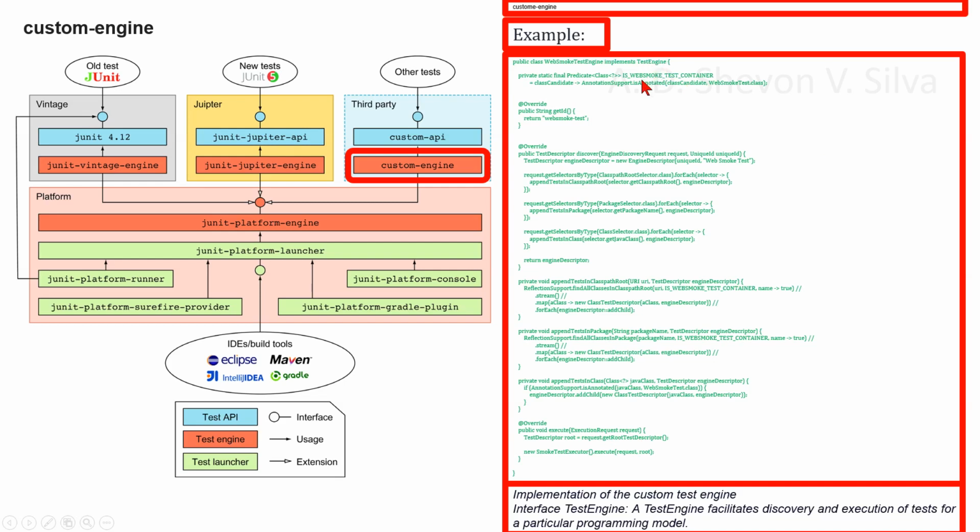These core responsibilities are identification. The engine must provide a unique string by which it can be referenced and differentiated from other engines on the class path. For example, Jupiter's ID is junit-jupiter. Discovery: the engine must be able to inform the JUnit platform about everything it considers its own test cases.